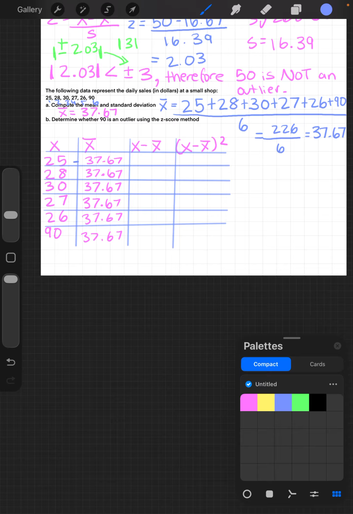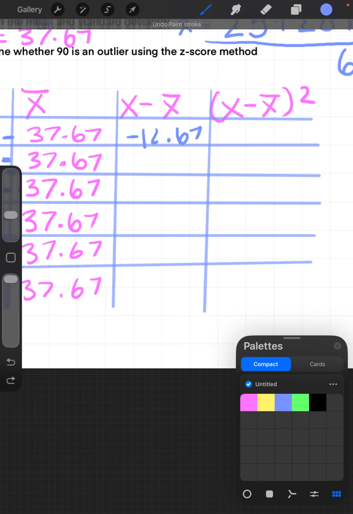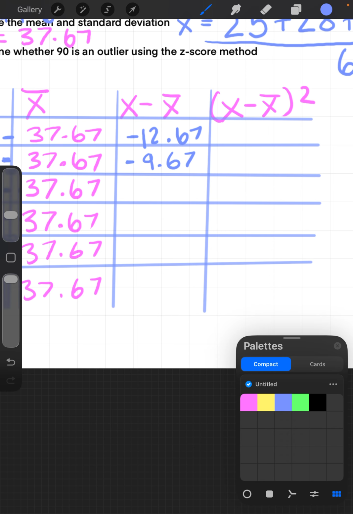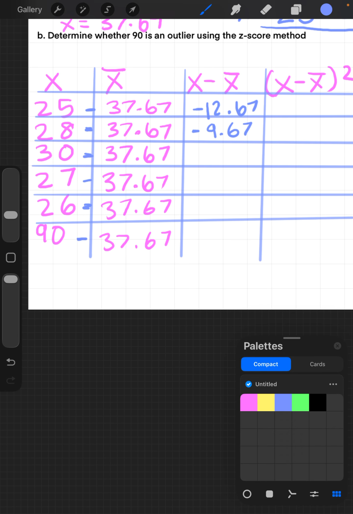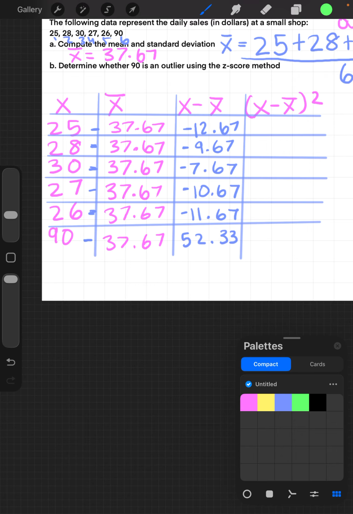Now we're gonna subtract. Okay, and when we do this, we're gonna square it.